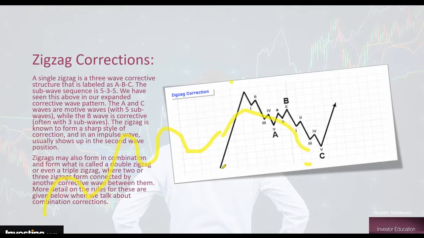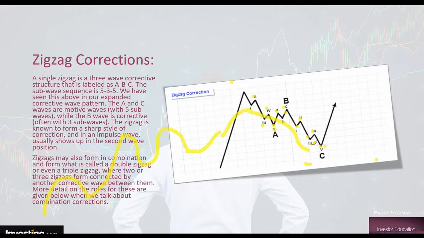So we're now moving between 4 and 5, and we're forming that A, B, and C. After 5, we form the A, B, and C. So in here, we also have a 1, 2, 3, 4, 5 corrective wave. Then we have an A, B, C within here. Then we have a 1, 2, 3, 4, 5 within the A, B, and C.